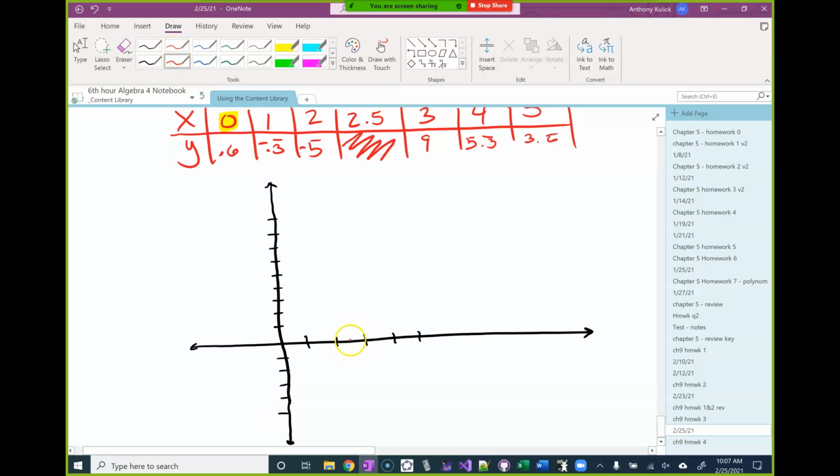So 2.5 is my vertical asymptote. Let's start by drawing that in first. And then positive 2 is my horizontal. So I'll put that one in next.